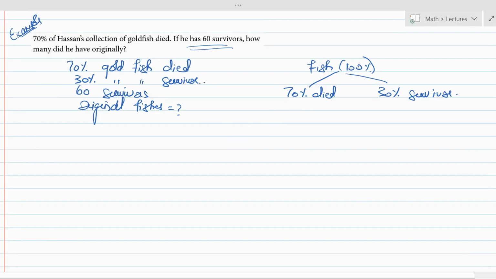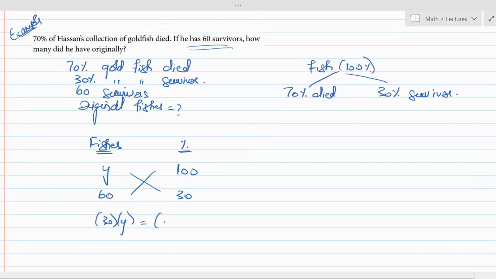All right. So we'll apply the ratio method here. On one side, we have the number of fishes, and on the other side, we have their respective percentages. Original fishes are to be found, so we're keeping this as y. Original percentage is 100. And then 60 are the survivors, so 60 comes here, and their respective percentage is 30. We'll do the cross multiplication here. So 30 times y is equal to 60 times 100.